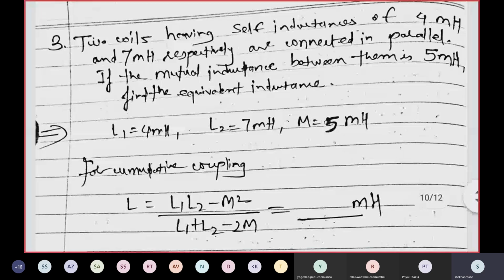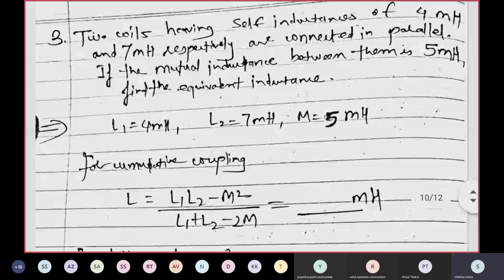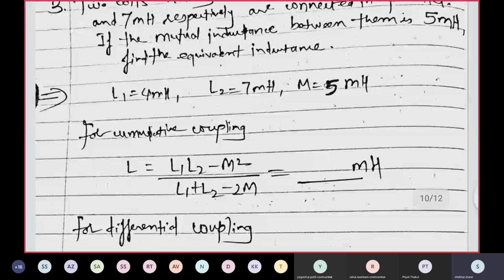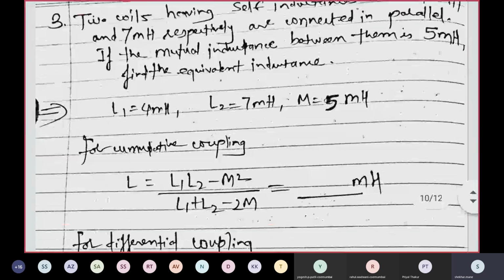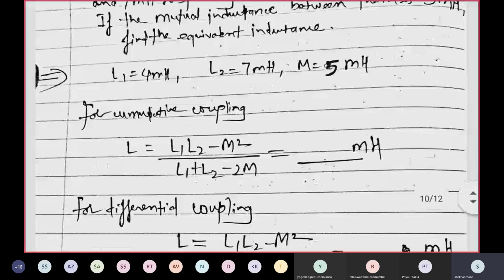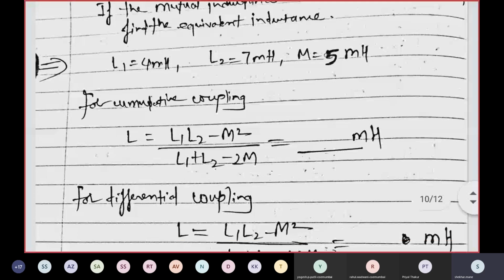So for cumulative coupling, if two coils are connected using cumulative coupling, then you can use this formula. L is equal to L1 L2 minus M square upon L1 plus L2 minus 2M. So just you have to substitute the values in this formula. You will get the value of equivalent inductance for cumulative coupling and then for differential coupling.